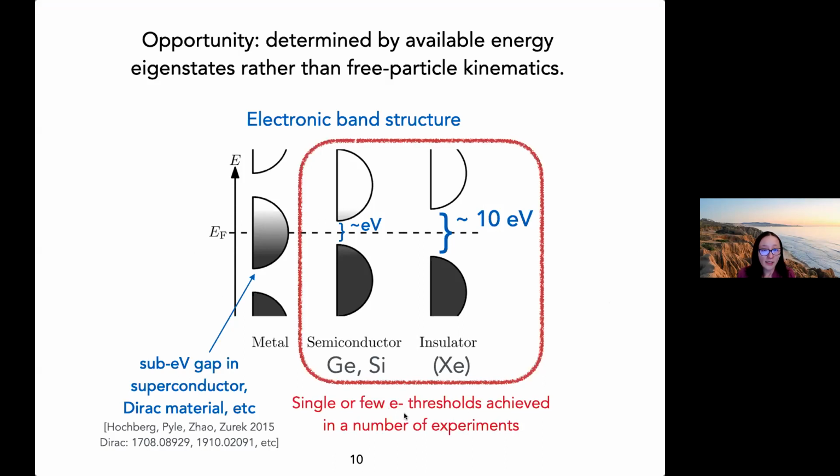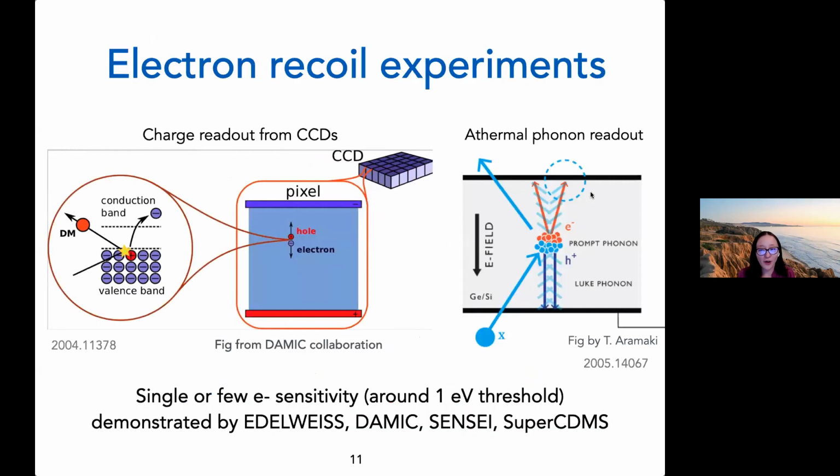So there are already a number of experiments that are showing that they can be sensitive to a single electron being excited from the valence band to the conduction band. Here's a brief cartoon of how they might work. There are a number of them that I've listed below. Some of them work according to the diagram on the left.